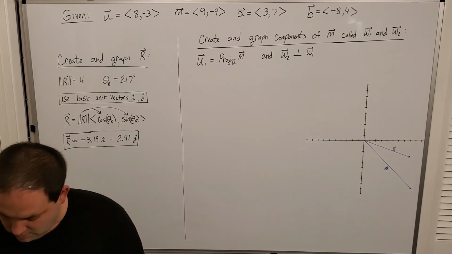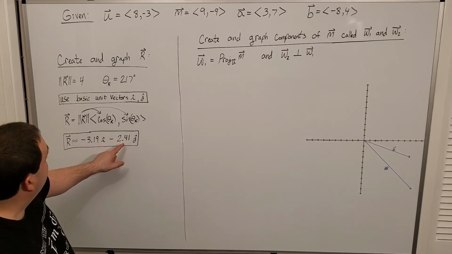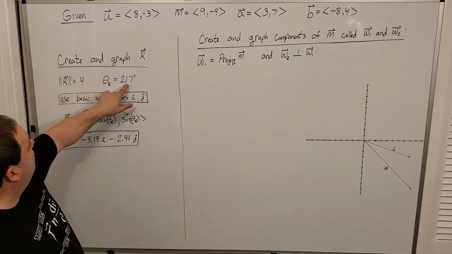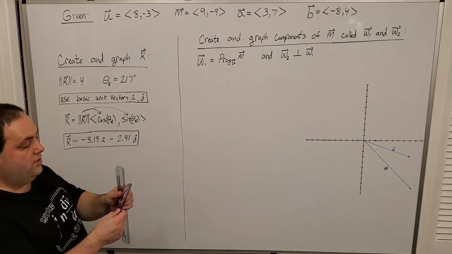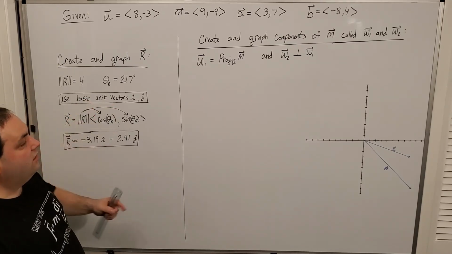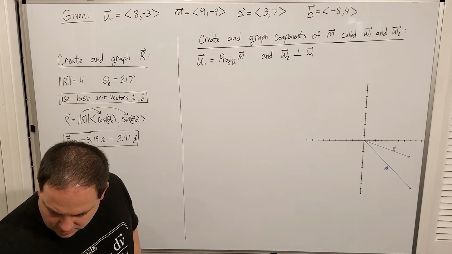Okay, no matter. So the easiest way, I could try to go to these coordinates. To be more accurate, I know a whole number here and a whole number here. I'm going to use the actual 217 degree angle and a length of 4 to try and make this as accurate as possible. Okay, so let's do that.